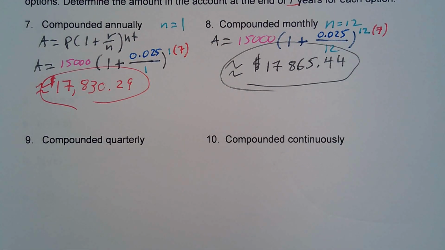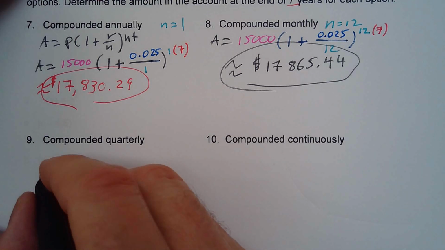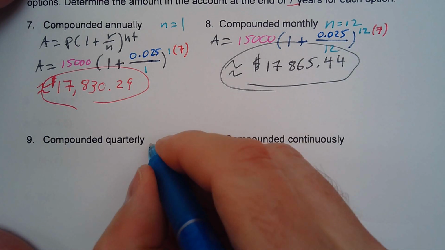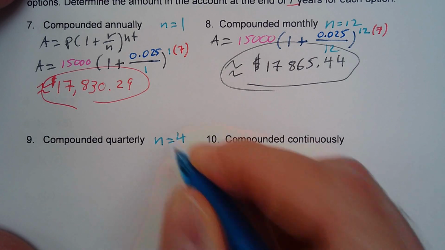All right, let's try the next one. Compounded quarterly. It's the same formula, but now I'm doing it when n equals 4.